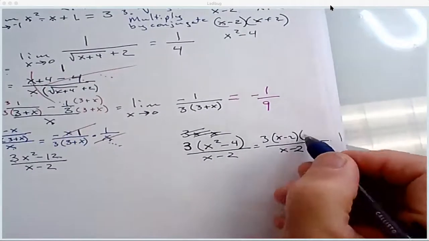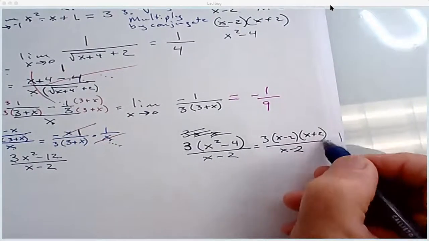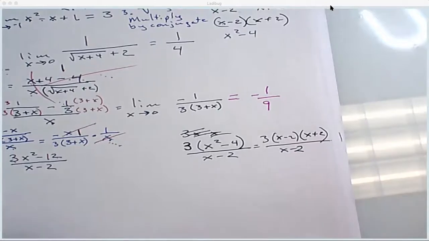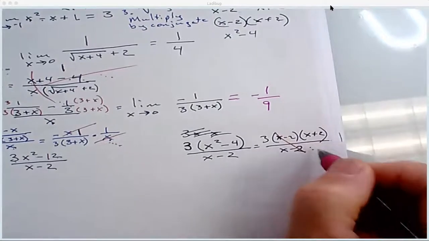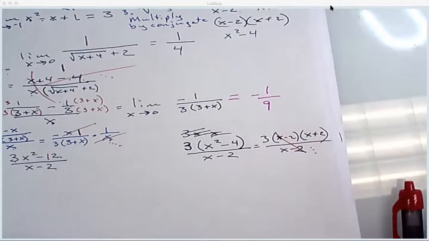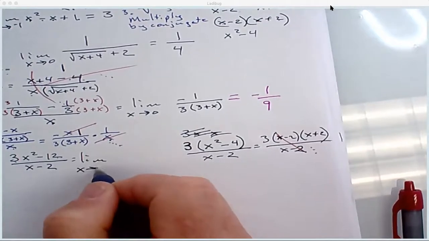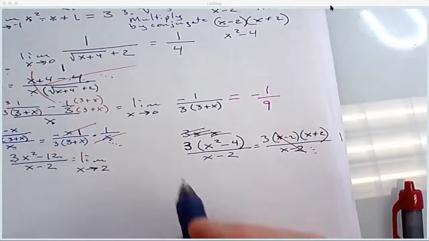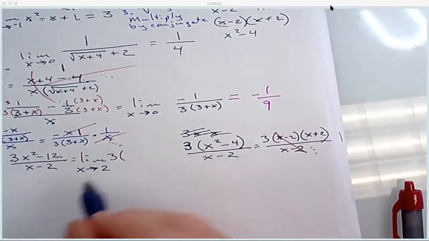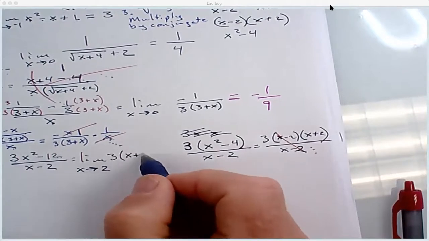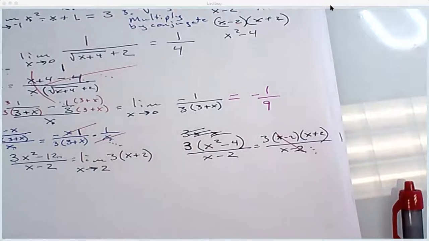Very, very good. Okay. And a little simplification going on, right? So this is going to equal the limit as x approaches 2 of 3 times x plus 2. Noah, would you agree with that?